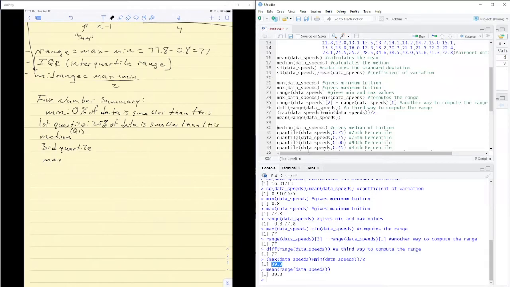Right, we're going up by 25s. Your median being 50%, 50% of data is smaller than this. Third quartile you could see as Q3 being 75% of data is smaller than this, and your max being, all of your data is smaller than that. Right? Everything is less than your max. And I say smaller than, or equal.